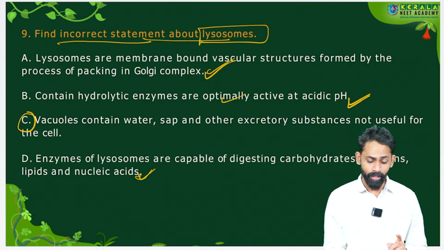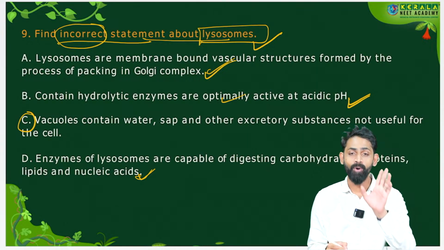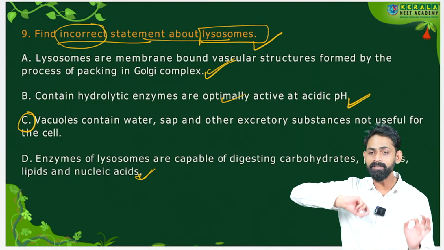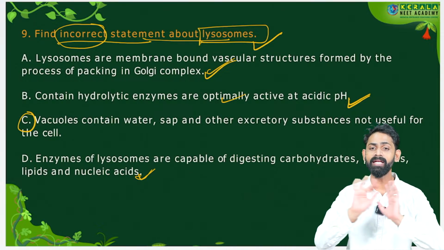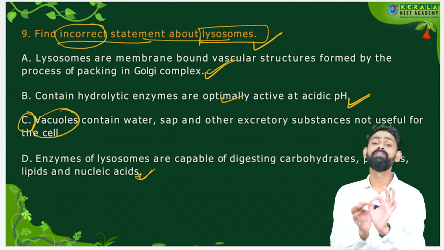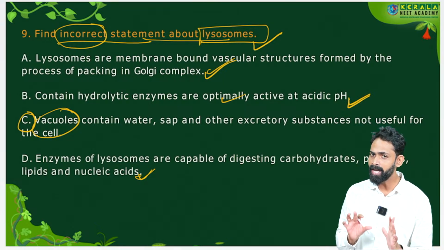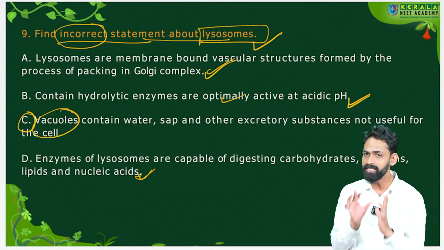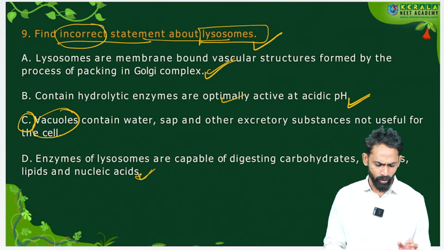But here we need to find the incorrect statement with reference to the lysosome. This option C is not related to the lysosome. Here it is clearly mentioned it is related to the vacuoles. I said this was inspired from one of the previous year questions given in the NEET exam. That is why I said. Now I am going to the next one.